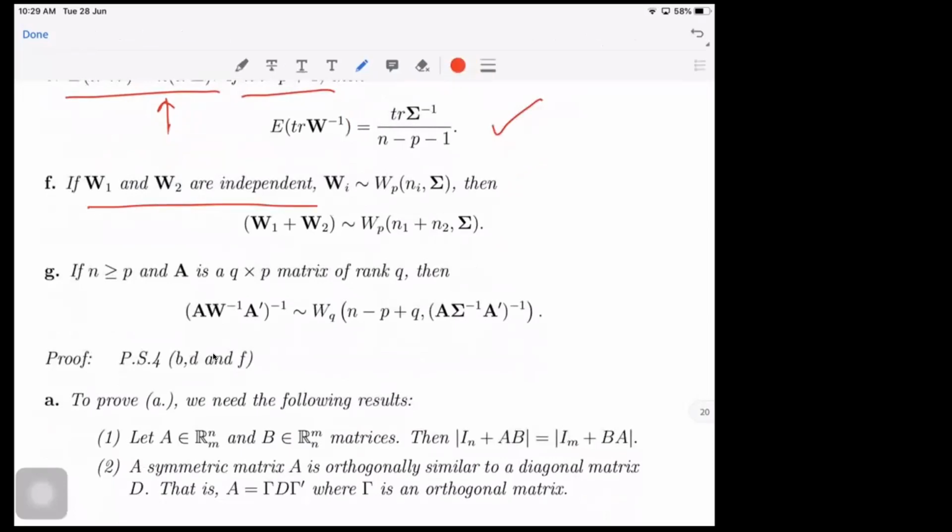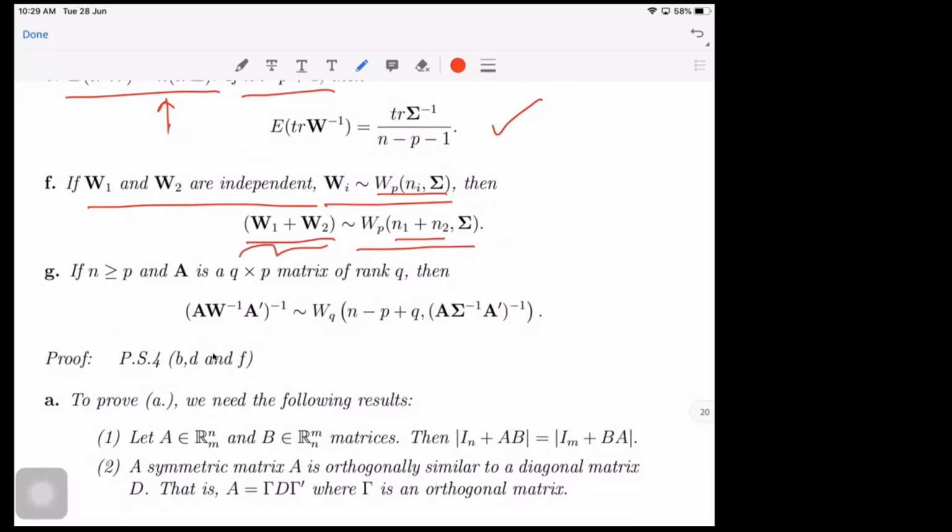If we can assume that W1 and W2 are independent and each Wi is Wishart distributed, then if we do a linear transformation, the sum of two independent Wisharts will still be Wishart, with degrees of freedom N1 plus N2 and variance sigma.